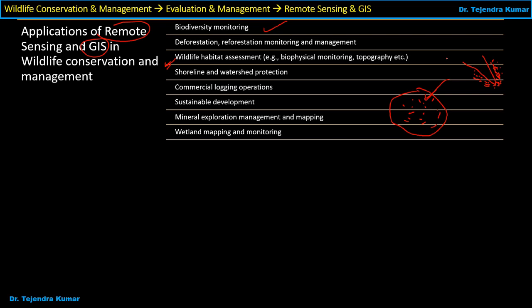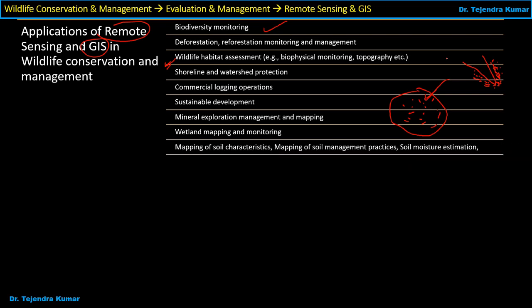Next, wetland mapping and monitoring, which I told you already how it can be done. There are many Ramsar sites and wetlands, so their mapping and monitoring can be done, as we had seen in the shoreline or watershed areas. Similarly, it can be done in case of deforestation, wetlands, mapping of soil characteristics, mapping of soil management practices, or soil moisture estimation.